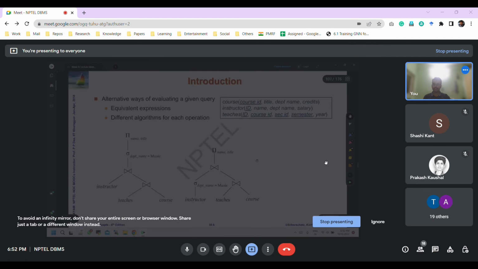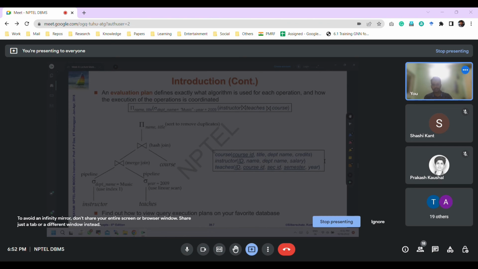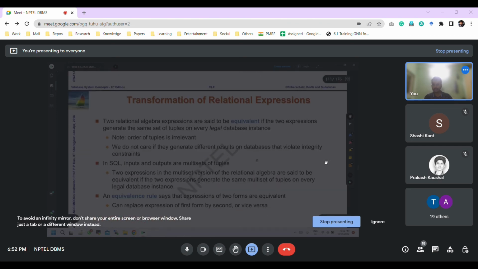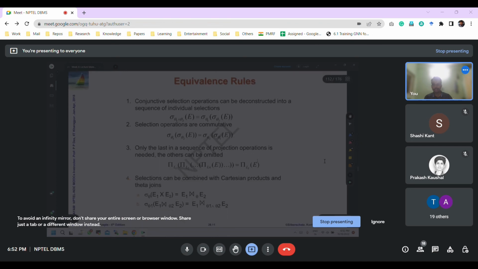And these are about the equivalent expressions. Okay, we have done one such question. These are some rules. Just see what we have applied. If there is a selection on a certain relation, then we can apply it on these two.